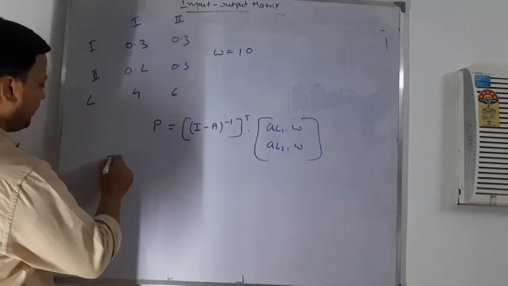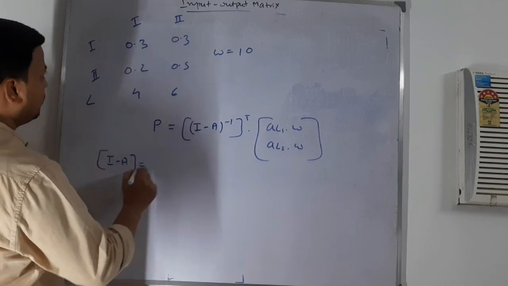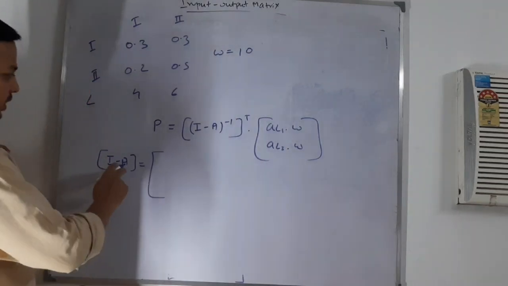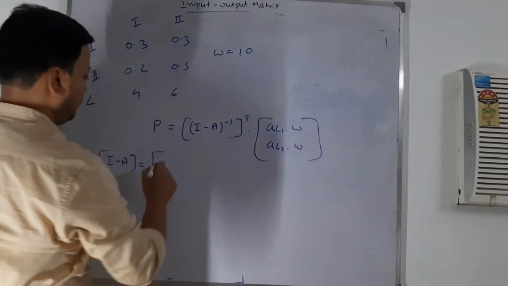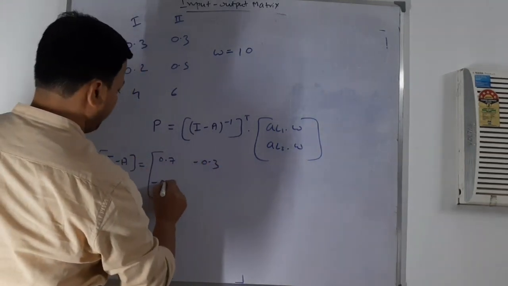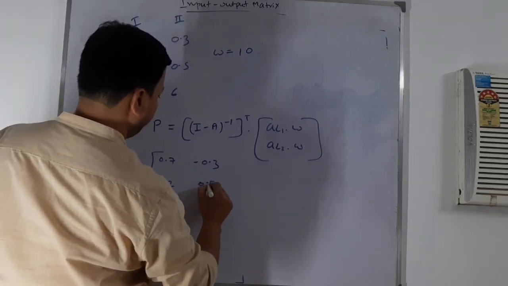First I will be taking out the I minus A matrix. I minus A will be 1, 0, 0, 1, minus this matrix. This will be 0.7, minus 0.3, minus 0.2, and 1 minus 0.5 is 0.5.